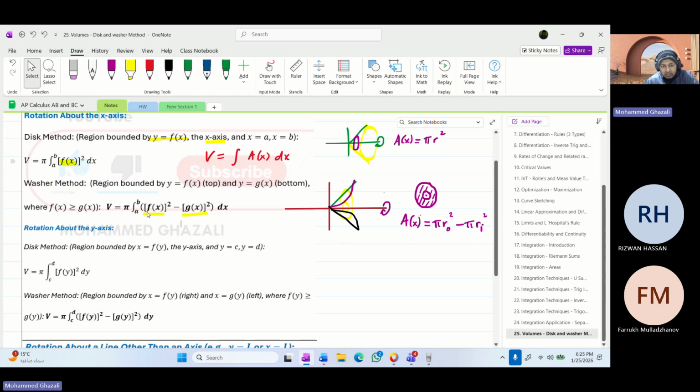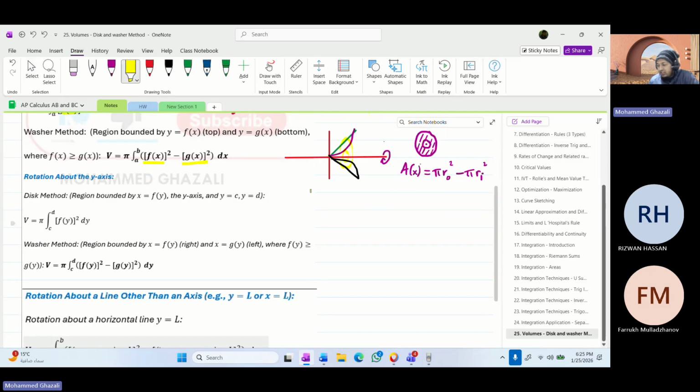So they use it in terms of graphs, and you're integrating the volume over the points of intersection from 0 to 1. Now, what happens when you are rotating about the y-axis? If you're rotating a curve like this about the y-axis, you will get something like this.